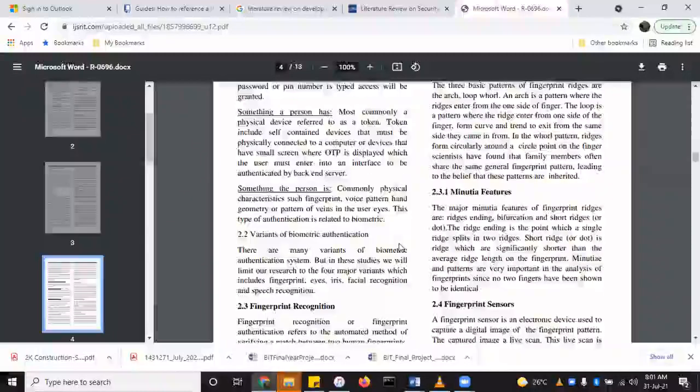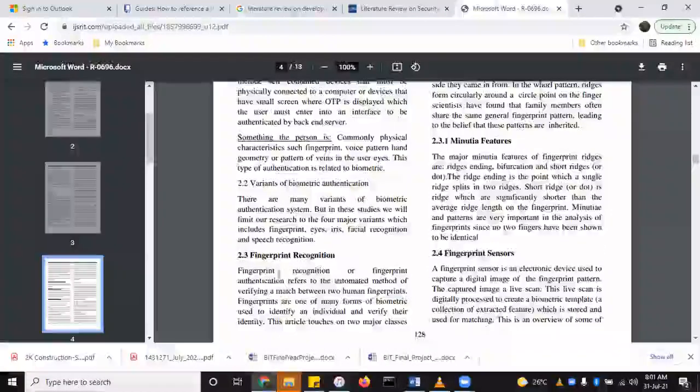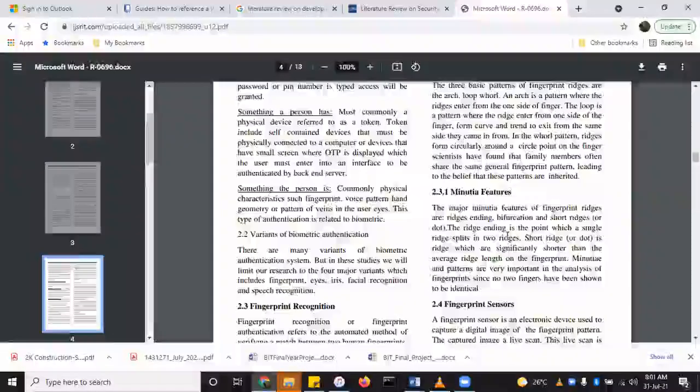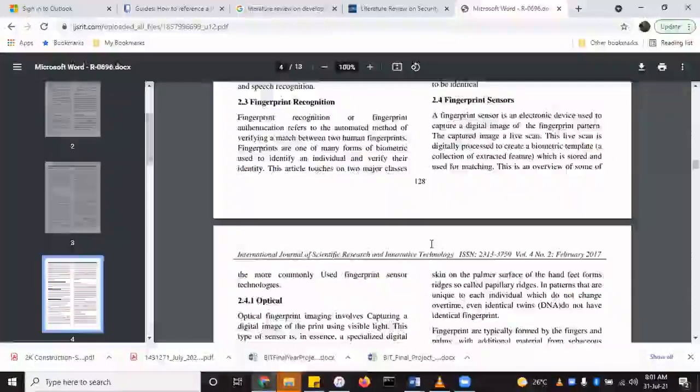Okay, there we go. So fingerprint recognition. So fingerprint recognition as a way of authentication. Good one. Patterns. Okay, so these are still the various features that biometric has. So these are still in theoretical views. Okay, so let's go down.